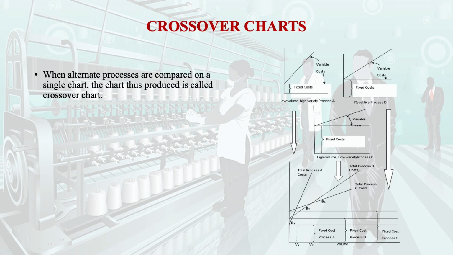One is process A1 and one is process A2. So we can define the break-even point on two different charts. But if we combine both charts, as you see at the bottom, you will get a combined chart for two processes for the same product. That is called a crossover chart.